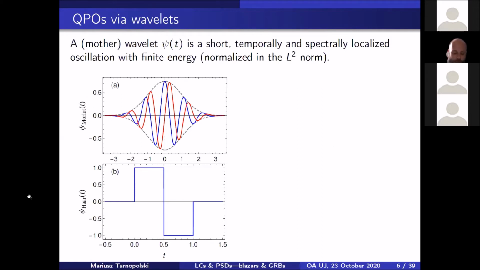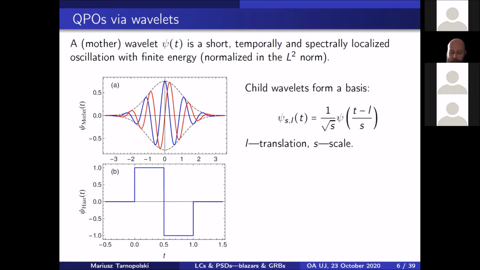The Morlet wavelet is actually a cosine within a Gaussian envelope. And now, given a basic wavelet, one can form an orthonormal basis called a dictionary composed of so-called child wavelets by a translation and rescaling of the mother wavelet.